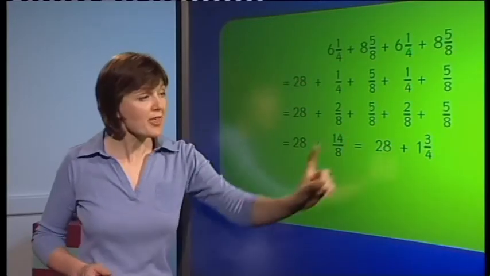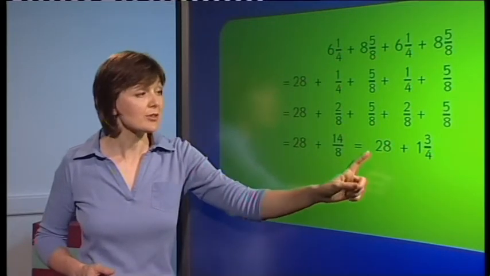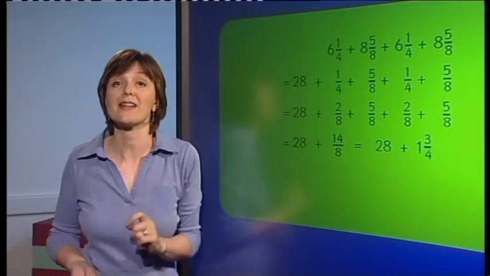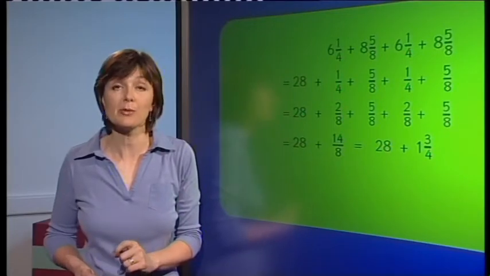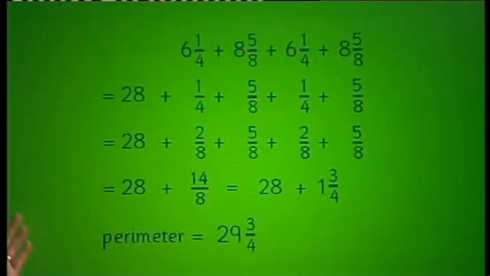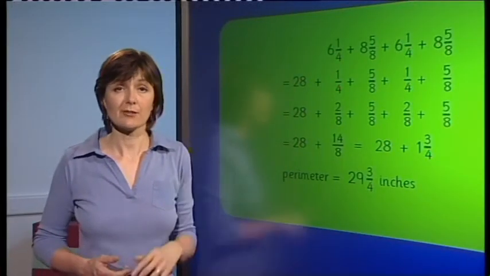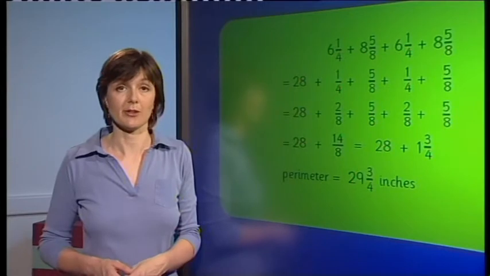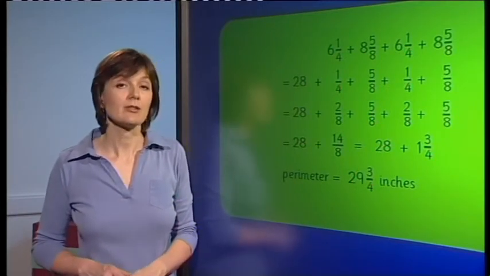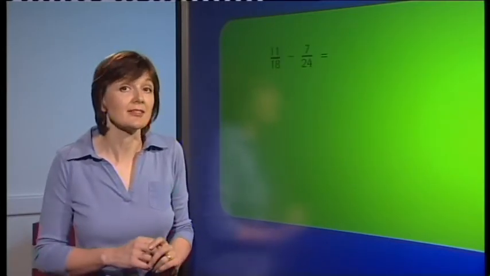And now we can put this part of the answer together with the 28 we calculated before, and our final answer is that the perimeter of the photograph equals 29 3/4, and we mustn't forget the units. Those are inches. So that's a fraction addition, and I think you'll agree that you're not likely to have any problems with those. So how about a fraction subtraction, like this one?